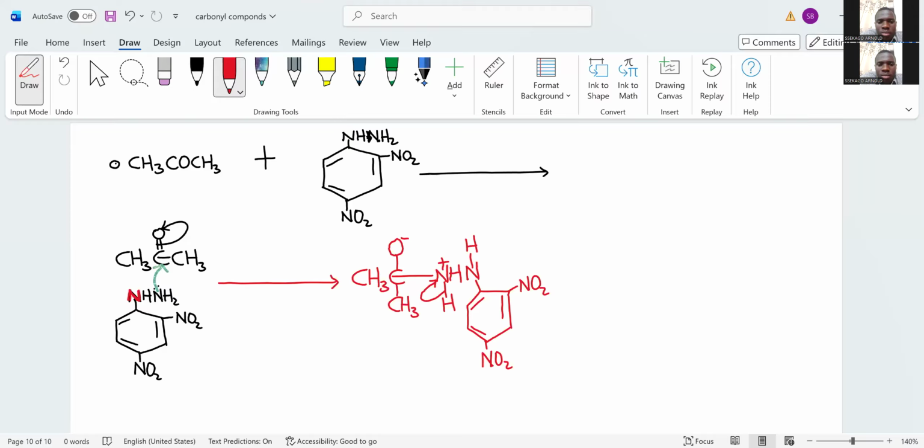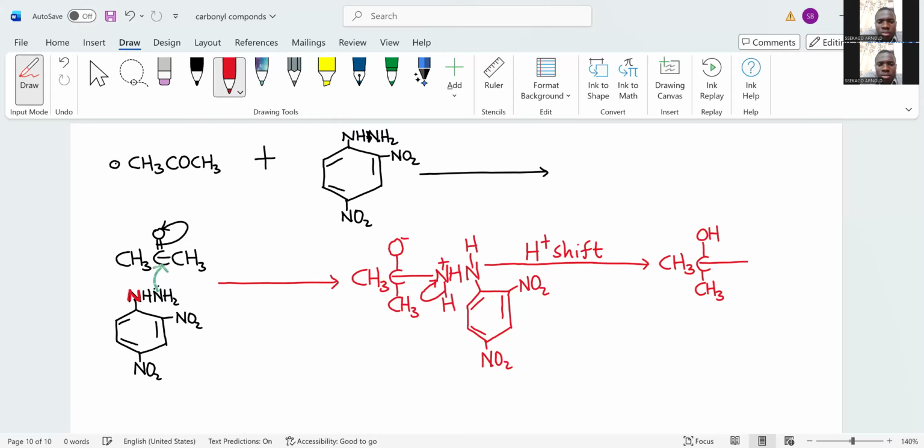As a result, what do we have? We have a hydrogen shift. Hydrogen shifting to where we have excess electrons. As a result, we form CH3, C with another CH3, having OH like that.